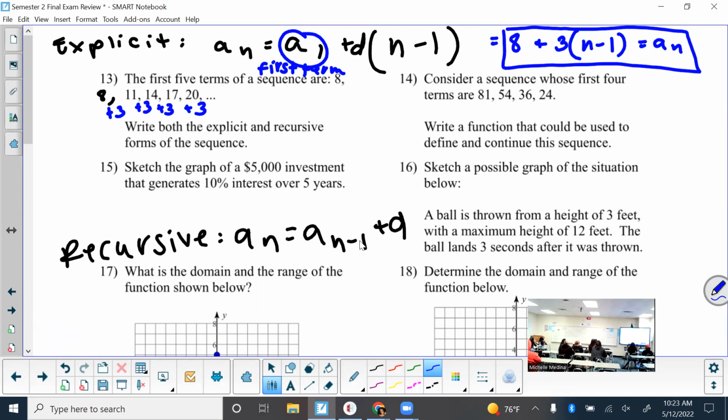So then for the recursive formula, it's similar. It would be a sub n equals a sub n minus 1 plus the common difference, which we said is what? 3. And then usually I also see this part added to the rule where they still identify the first term.